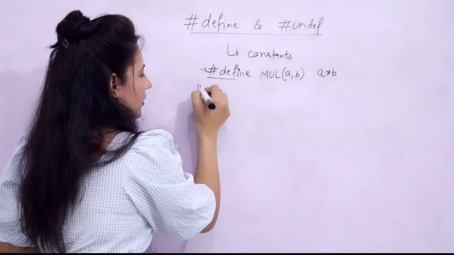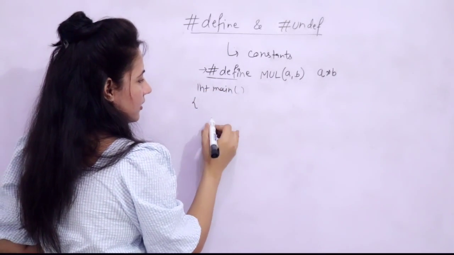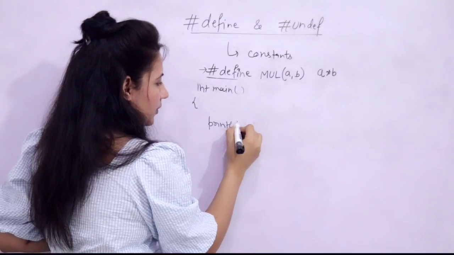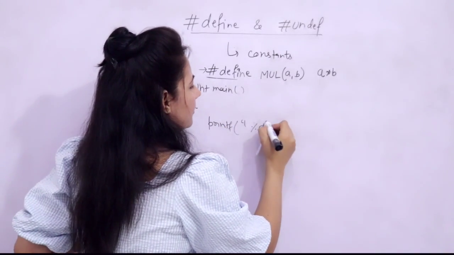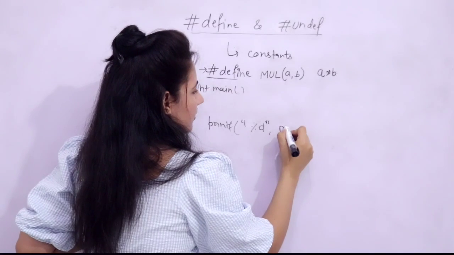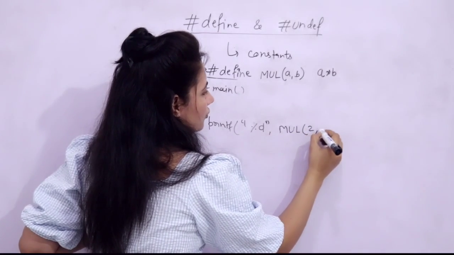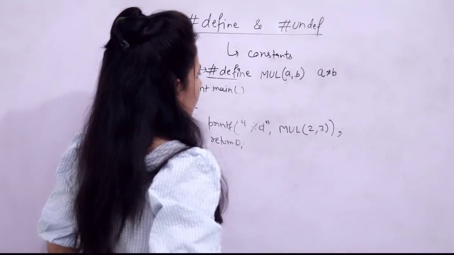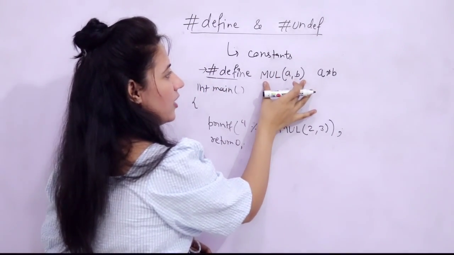Now in our program we write printf multiplication is %d, and I write MUL and pass 2, 3. We are defining a macro, but this will act as a function.